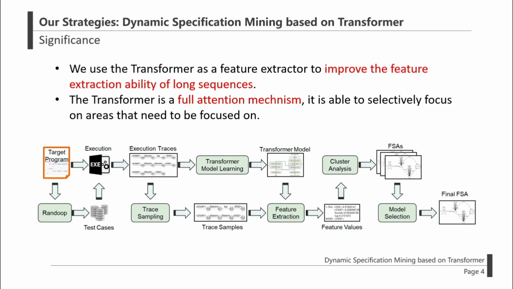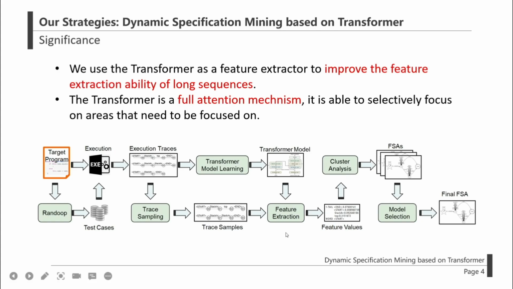Here's our workflow. The first is to get a rich set of execution traces. Through the traces, a transformer model is built as a feature extractor. In addition, we extract the trace subset from the execution traces and import the trace subset into the transformer model for feature extraction.